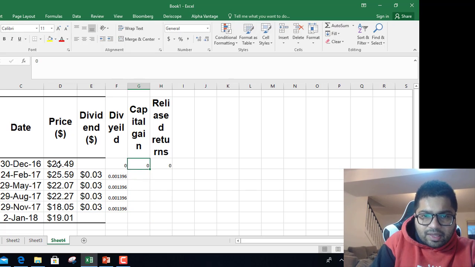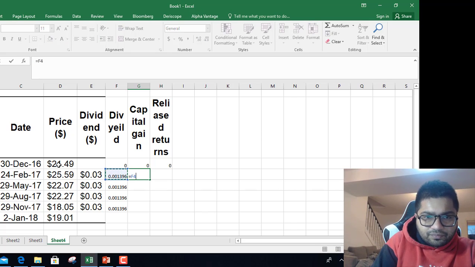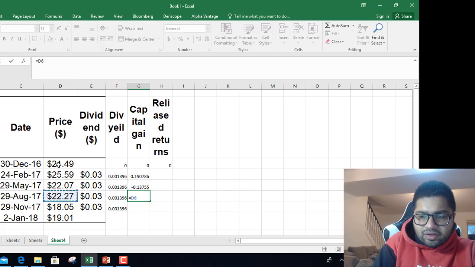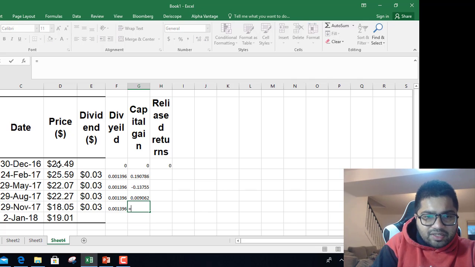Okay, capital gains will be this. Current year's value divided by previous year's value minus 1. Then again current year's value divided by previous year's value minus 1, and so on for each period.